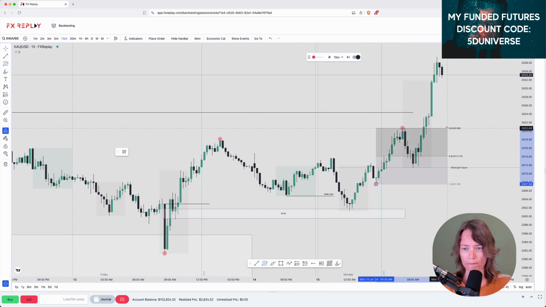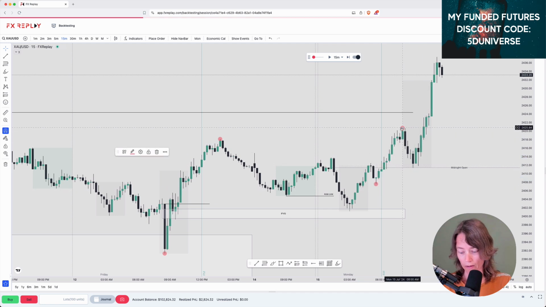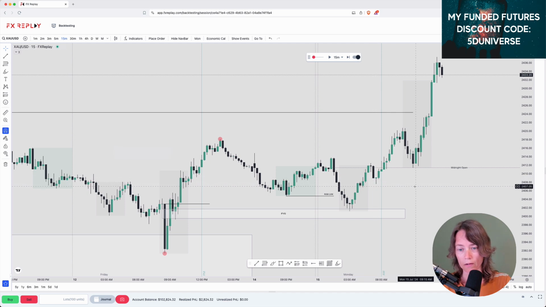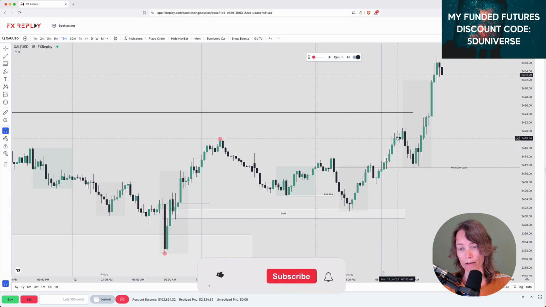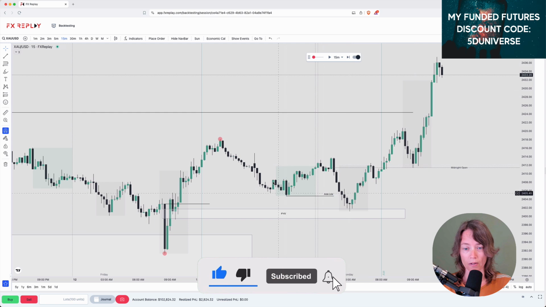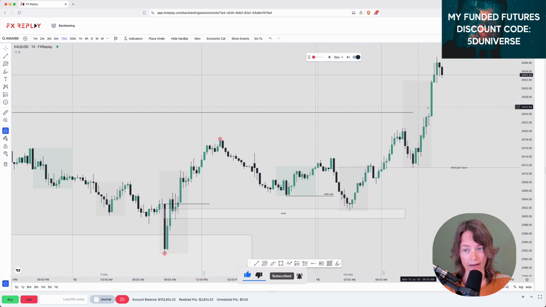Take your fib. What do we see? Discount. The New York OTE is also a good signature for continuation. So we got a typical accumulation, manipulation lower, then pushing up higher, distribution phase, retracing a little bit, and then pushing up again. So this is AMD X, another distribution phase.